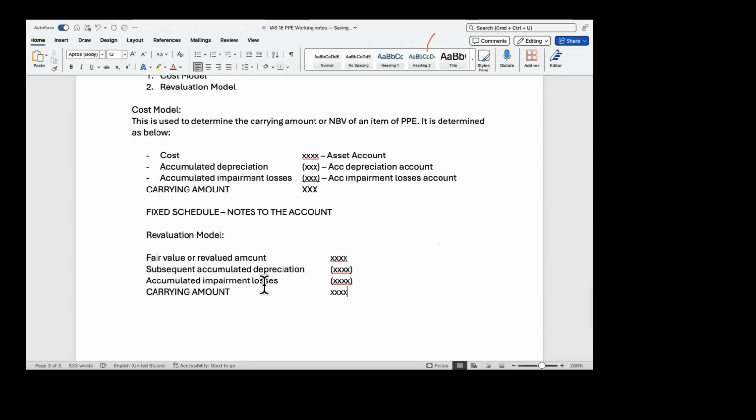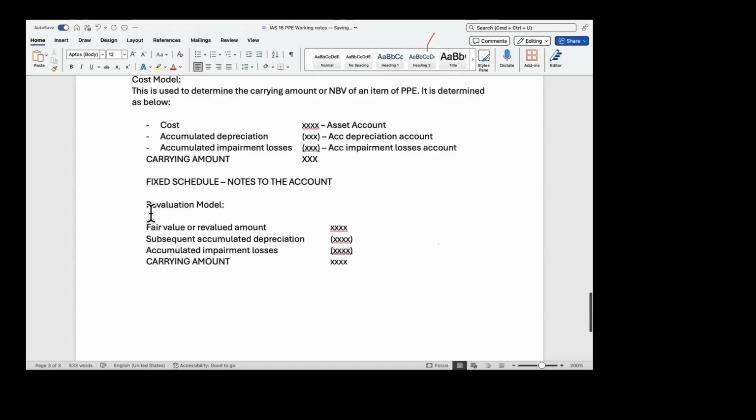Now, for revaluation model, you will see that instead of cost, what we use is a fair value or revalued amount, which will also be found in the asset account. So revaluation model is usually used when you choose to revalue your asset periodically.